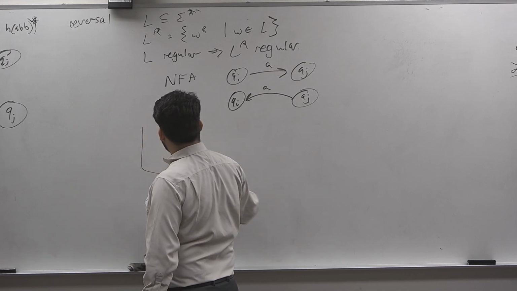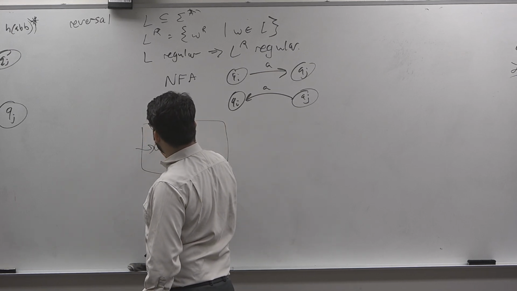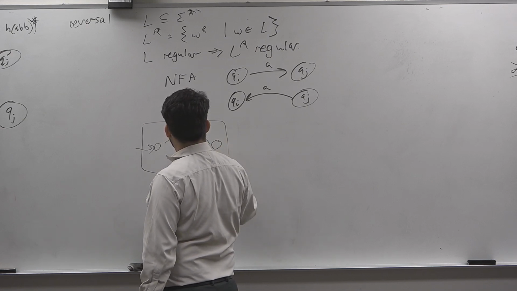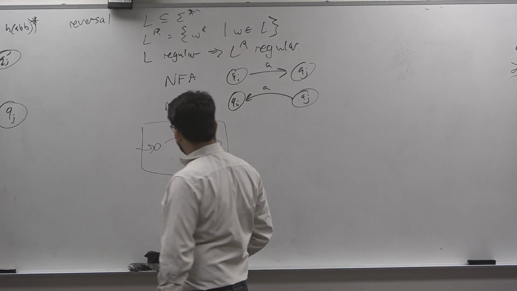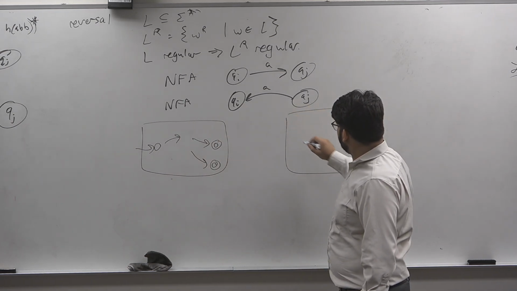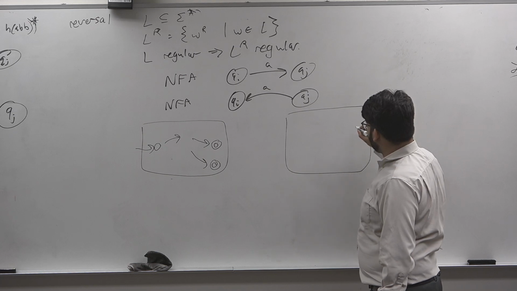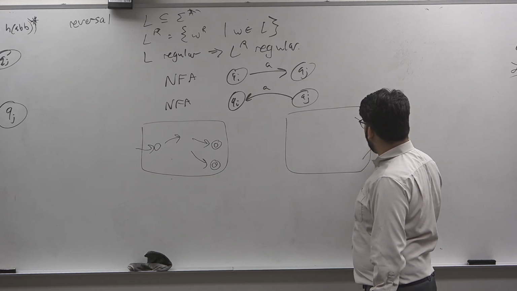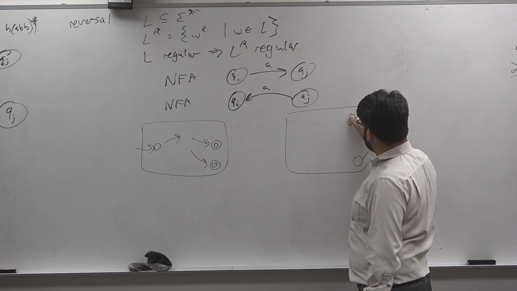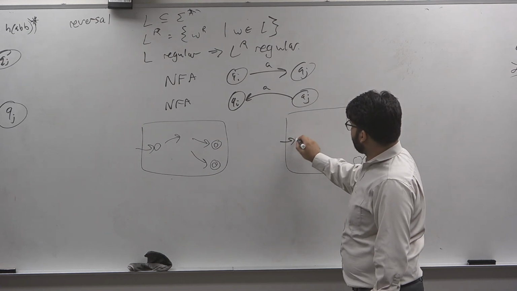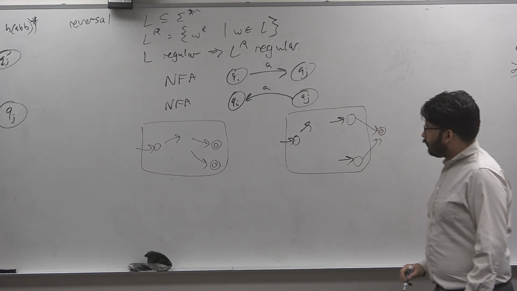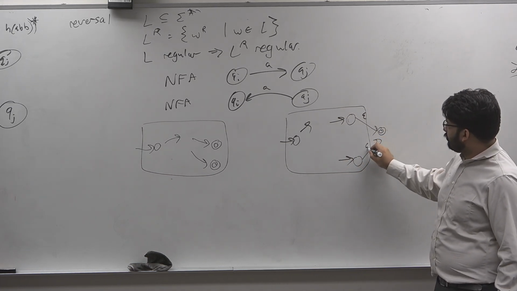So let's just do it like this. Suppose this was our old NFA. We're going to make a reversal NFA as follows. First, we epsilon to a new final state. I'm going to draw this in an animated fashion.